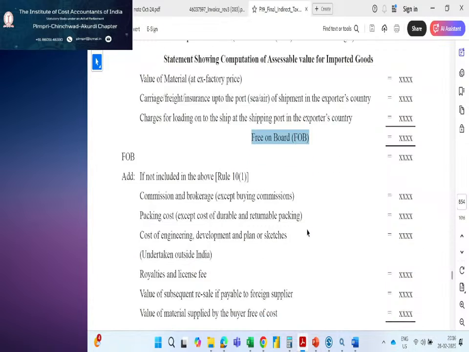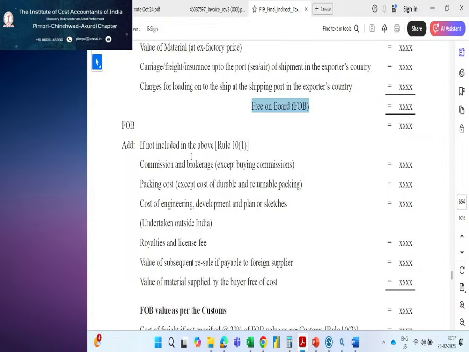Then next, what are the things we need to add? Commission and brokerage except buying commission, packing cost except cost of durable and returnable packing, cost of engineering development and plan undertaken outside India, then royalties and license fees, value of subsequent resale if payable to foreign supplier, value of material supplied by the buyer free of cost.